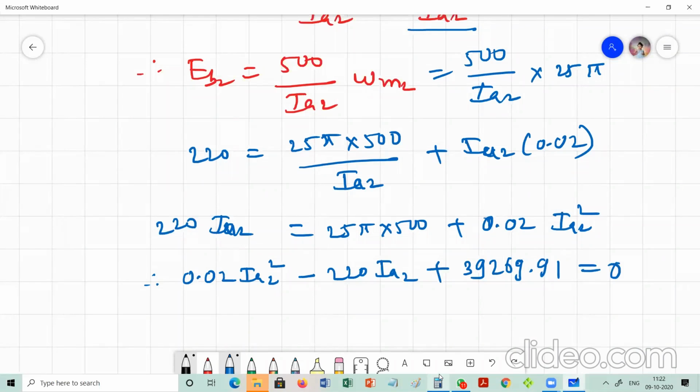This is a quadratic equation. We can solve this, or if anyone has a calculator with the facility to solve such an equation, please solve it for me. See if someone can solve it on a calculator, otherwise I will have to do it online. I don't have such a calculator.